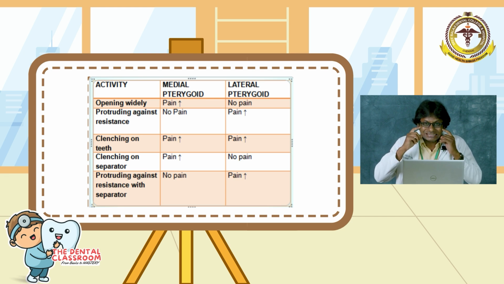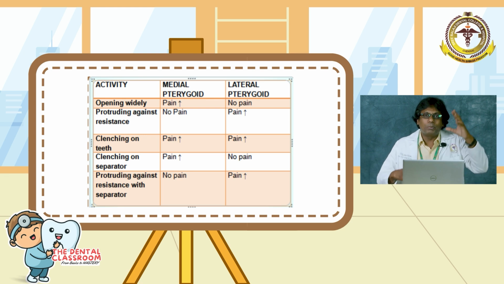While clenching the teeth, the medial pterygoid muscle will contract. So the medial pterygoid muscle will undergo contraction and stretching. While opening the mouth, the medial pterygoid muscle will stretch. Upon clenching the teeth, it will contract.